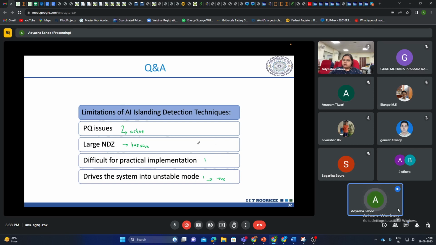So here the correct answer is basically, although AI based islanding detection techniques will have a lower non-detection zone and won't have power quality issues, they are right now difficult for practical implementation, because that kind of data and that level of communication system has not been established in the current context.